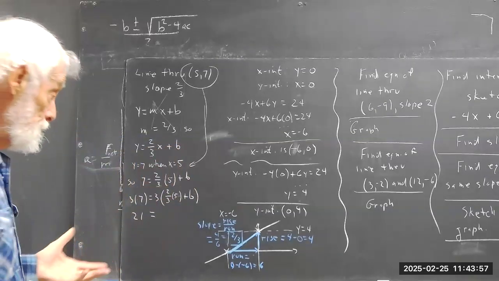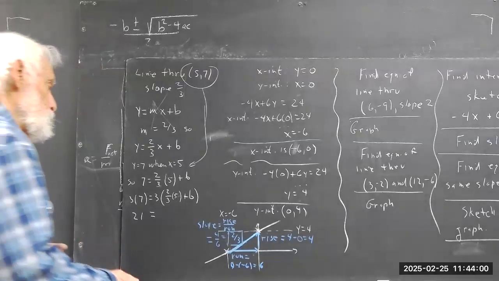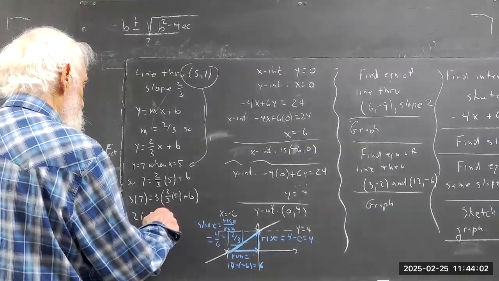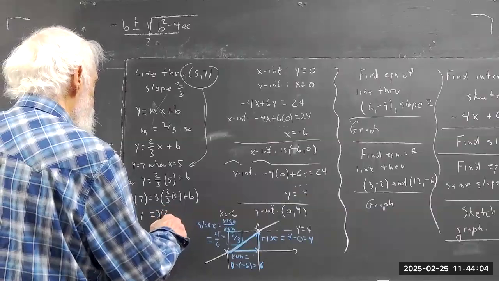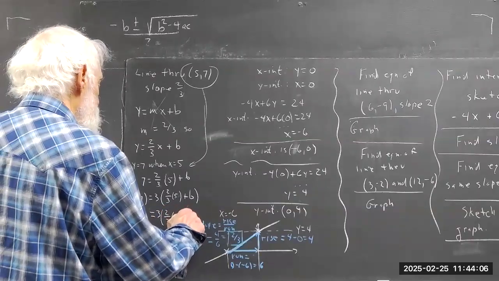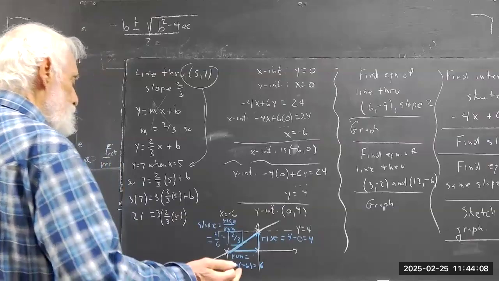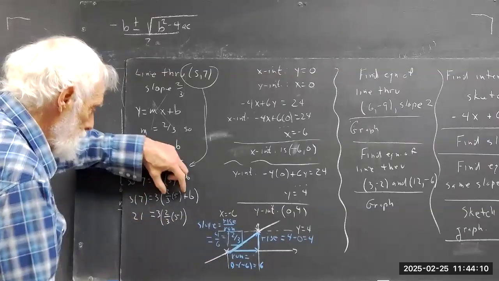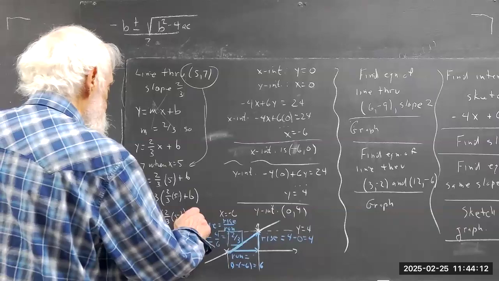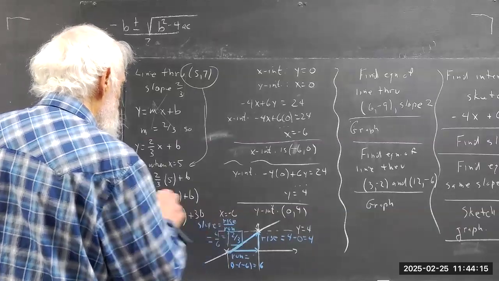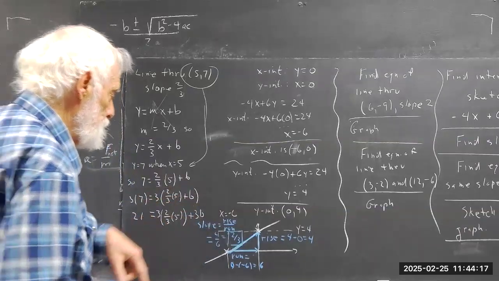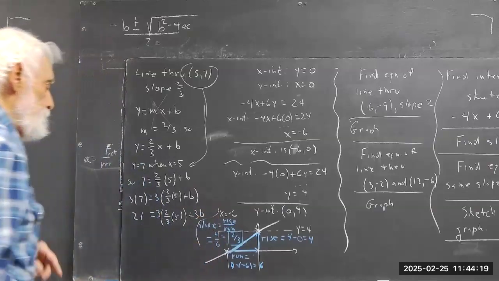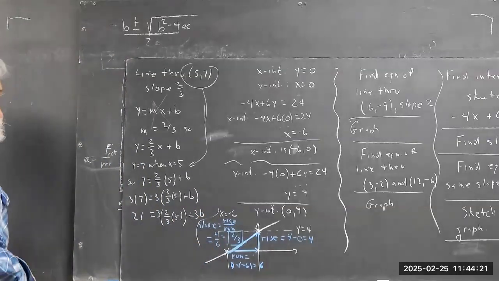So if you just understand the distributive law, even if it looks weird to you, you're going to write 3 times 2/3 of 5, okay, right there's 3 times this part, plus 3 times this part, so you get 3b.